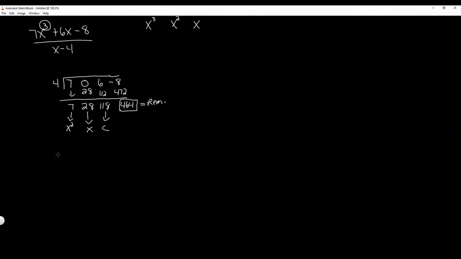So if we write this out, this will be 7x squared plus 28x plus our constant of 118 plus, you can't forget the remainder, 464, divided by what we were dividing our original top polynomial by, x minus 4. And that is the answer to this problem.